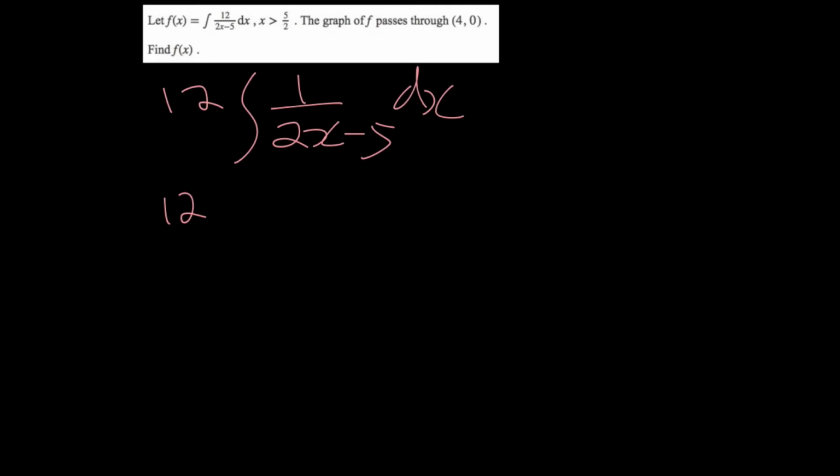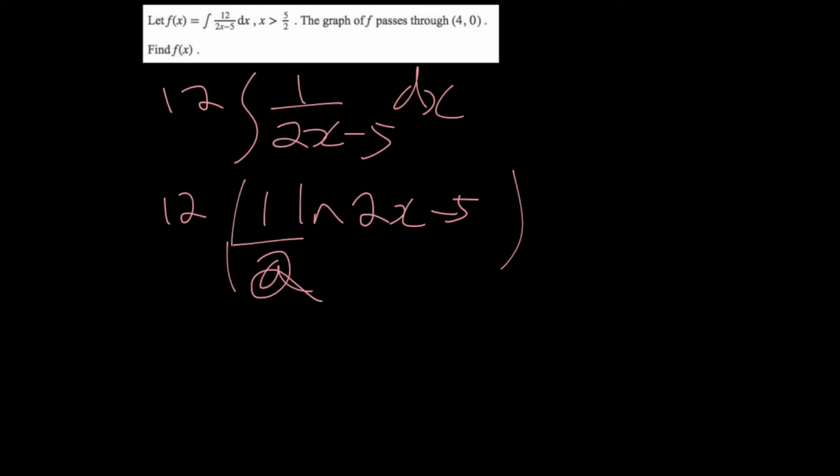The first thing I can do is take out 12 as a constant, so 12 times the integral of 1 over 2x minus 5 with respect to x. So that's going to be 12 times ln 2x minus 5 multiplied by 1 over a, and a is 2, so that's 1 over 2.